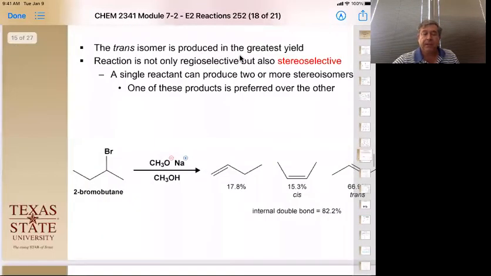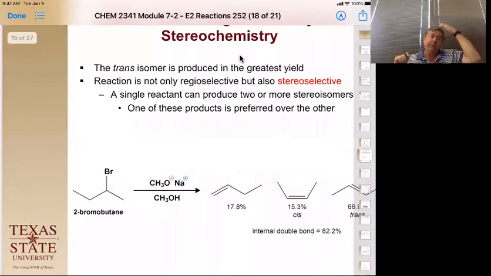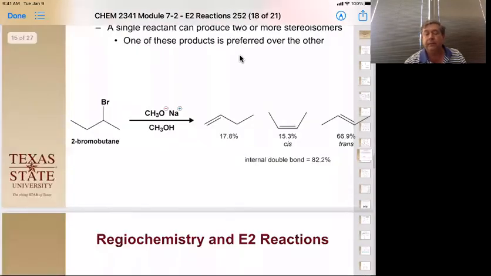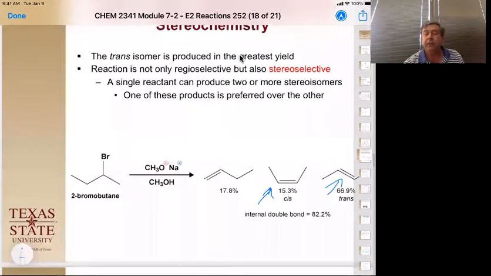Okay, so let's do a little bit more about that stereochemistry. The trans isomer is usually produced in the greatest amount because it is the most thermodynamically stable. I'm sorry, it is regioselective because we're trying to form the alkene internally, right here, as a preference, but it's also stereoselective because we're going to form the trans as our dominant stereoisomer.